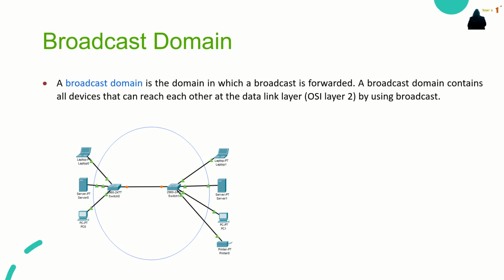For example, here in this scenario and this topology, you have only one broadcast domain. It means if PC1 wants to send any packet to PC0, for example, here, first it should send to switch 1 and switch 1 should send to all of the interfaces and all of the ports here, 1, 2, 3, 4, 5.